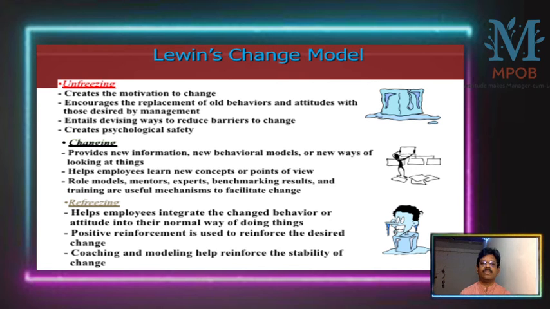The first solid and the second-level solid, after bringing the change, are different, right? The unfreeze level is the old system, and the refreezing level is the new system. In the new system, you can see a different composition, different color and complexity, and new methods and mechanisms in place, right? So that is the three levels of Kurt Lewin's change model or change process.